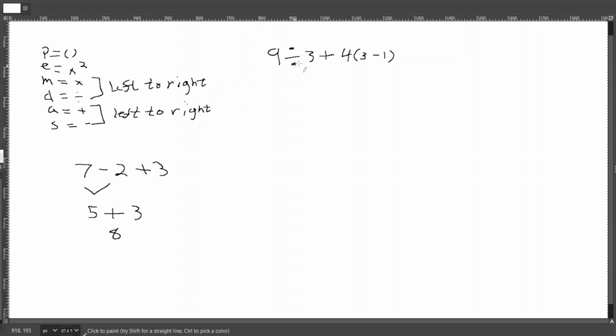Okay, so there's a lot of stuff going on with this one, right? This one's tricky. What we do have is a division. I hope you guys can see the division. We do have a plus 4. But the tricky one here is it's 4 times this parentheses, okay?